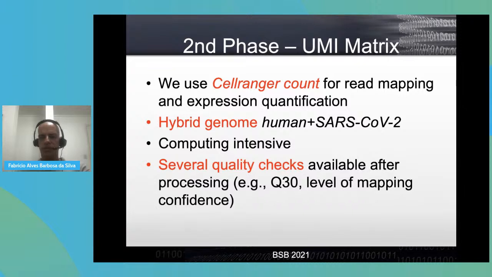It demands a lot of computing power. And at the end of the phase, there are several quality checks available through Cell Ranger count after processing that we should check to see if the execution was okay. So for instance, you have the Q30 measure, you have the level of mapping confidence, and so on.